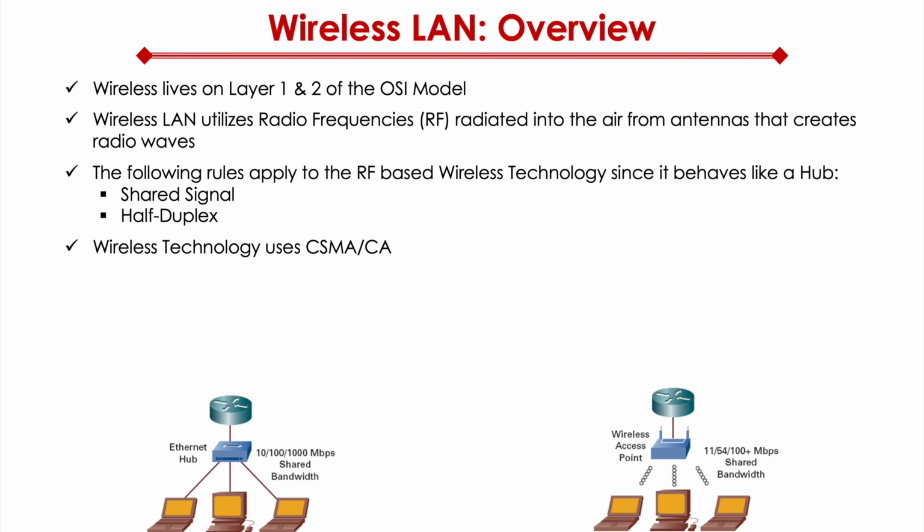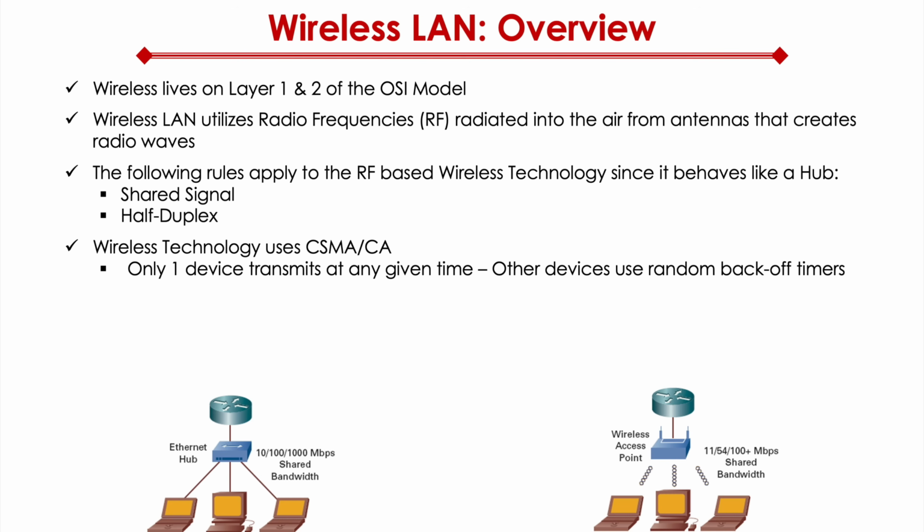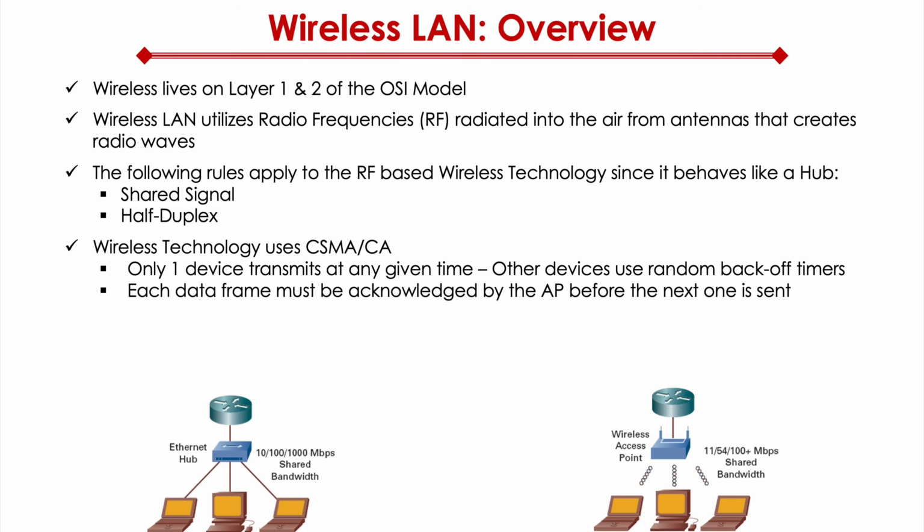Wireless technology uses CSMA/CA, which is Carrier Sense Multiple Access Collision Avoidance. And what that means is only one device transmits at any given point in time, and other devices use random back-off timers and have to wait their turn before they're able to transmit data.